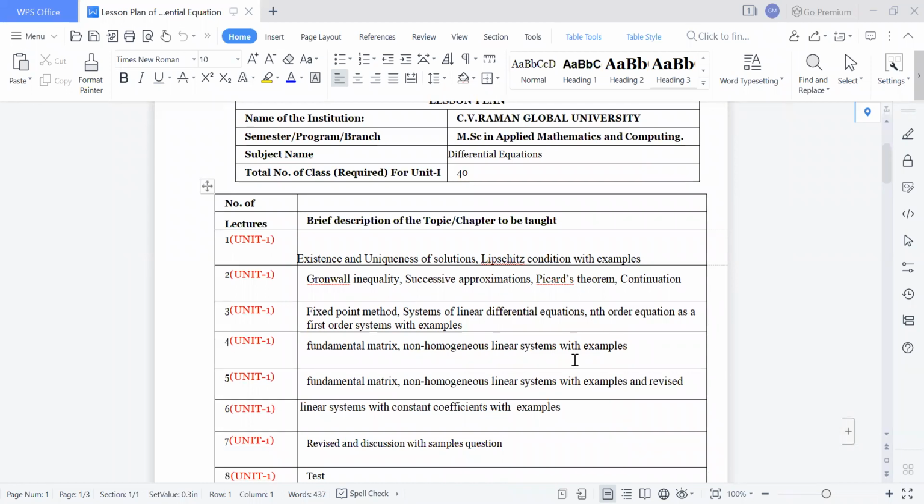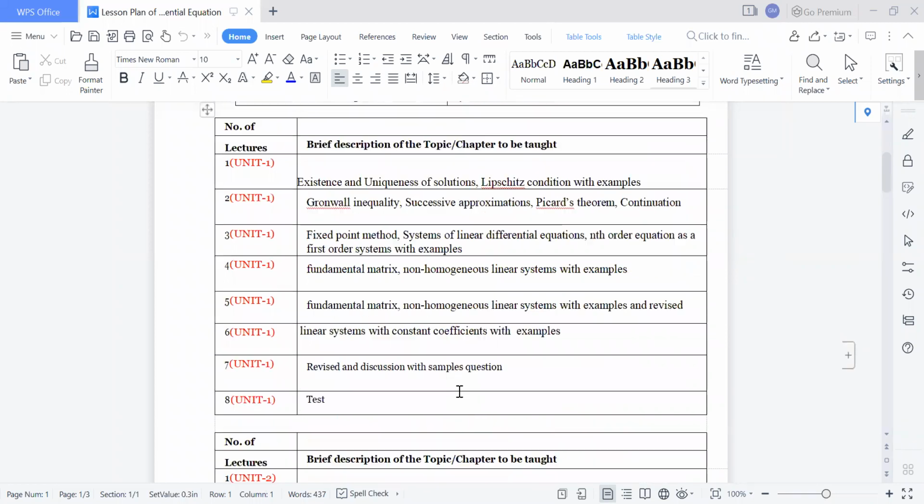Actually, our syllabus contains existence and uniqueness of solutions, with conditions and examples, Gronwall's inequality, successive approximation, Picard's theorem, fixed point iteration method, homogeneous and non-homogeneous equations, and linear systems with constant coefficients with examples.